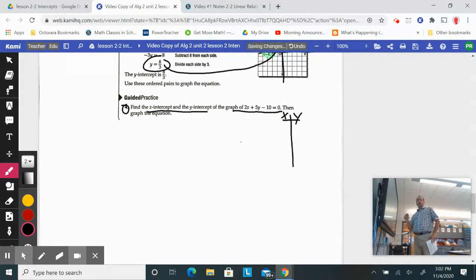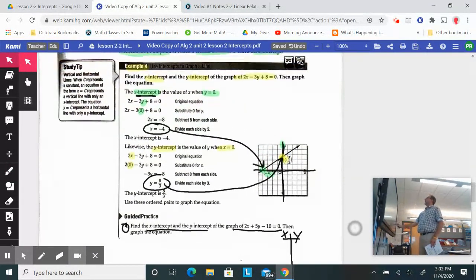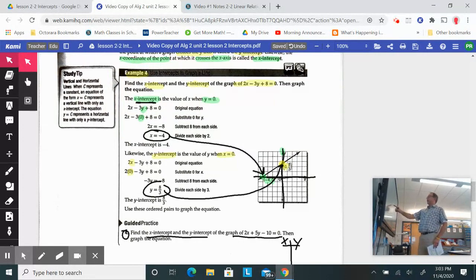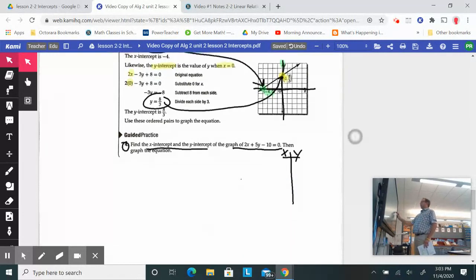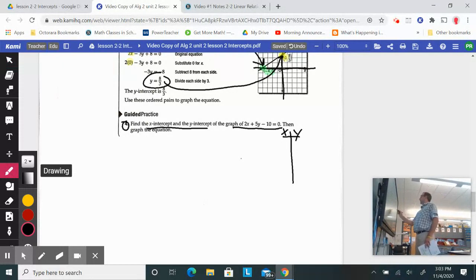So if I want to find the y-intercept, remember we talked about this, the y-intercept is when the x is 0. Y-intercept, x is 0, okay? So keep that in mind. So I'm going to put a 0 in where the x is.